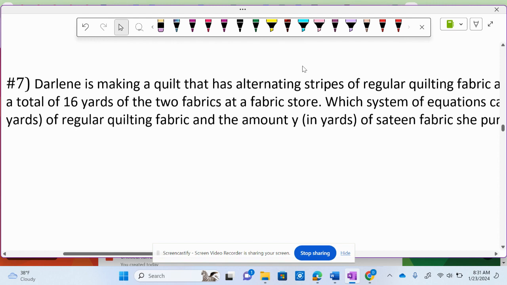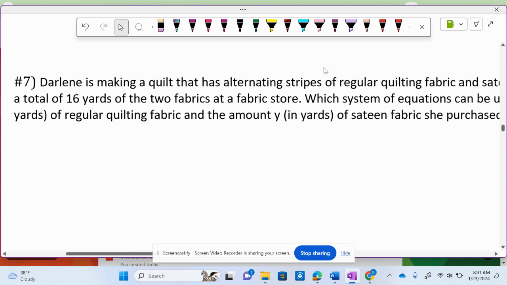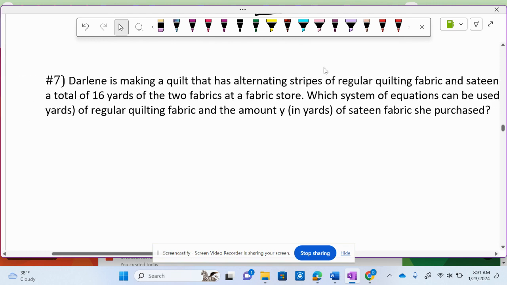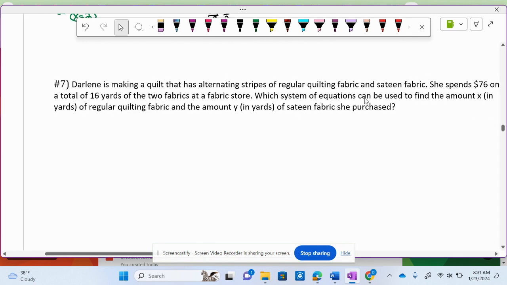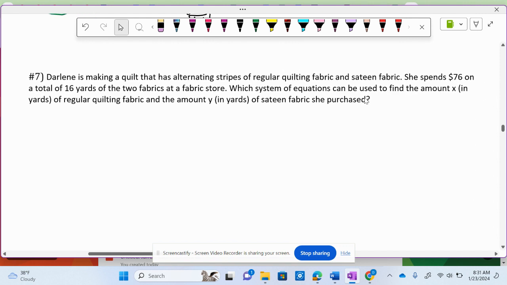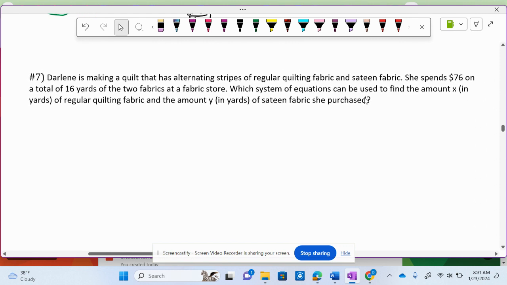So Darlene is making a quilt that has alternating stripes of regular quilting fabric and sateen fabric. So just two types of fabrics, okay? She spends $76 on the total of 16 yards of the two fabrics. It says which system of equations can be used to find the amount X in yards of regular quilting fabric and the amount Y in yards of sateen fabric.